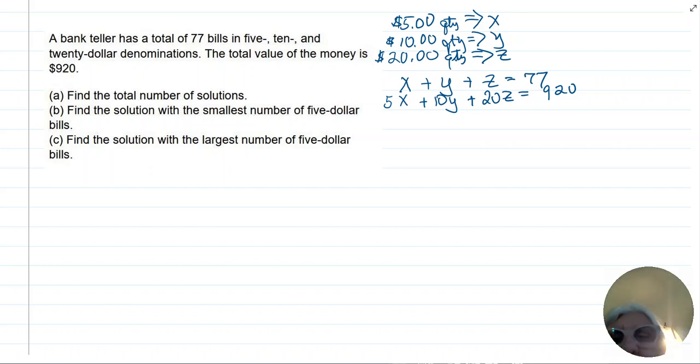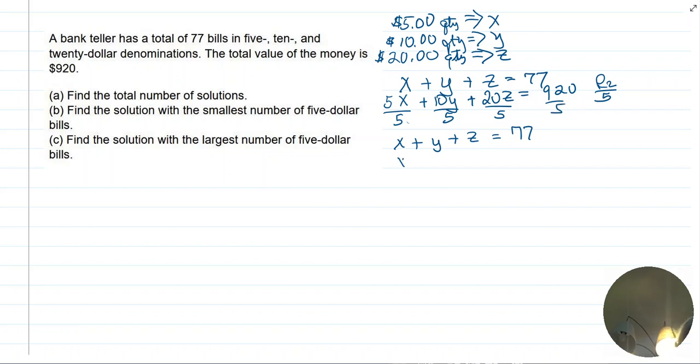So immediately I can see that I can divide row 2 by 5. Okay, let's see what I get. So the first one is x plus y plus z equals 77. And I'm going to divide these by 5.